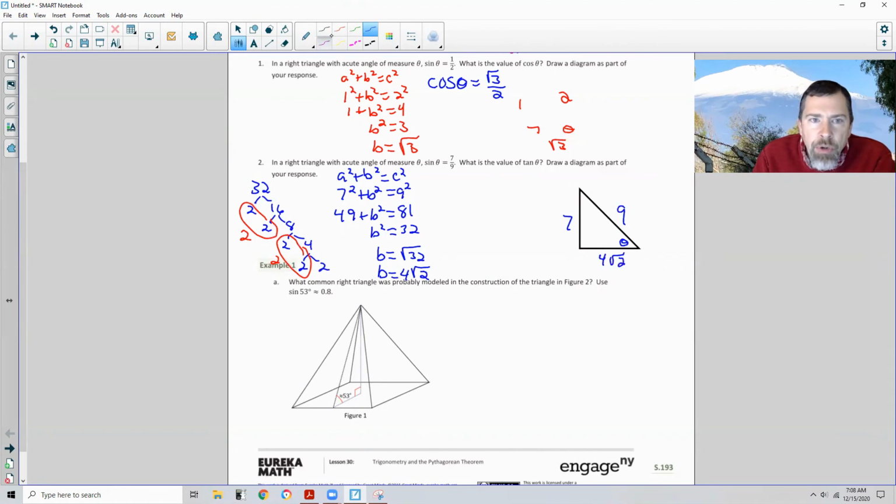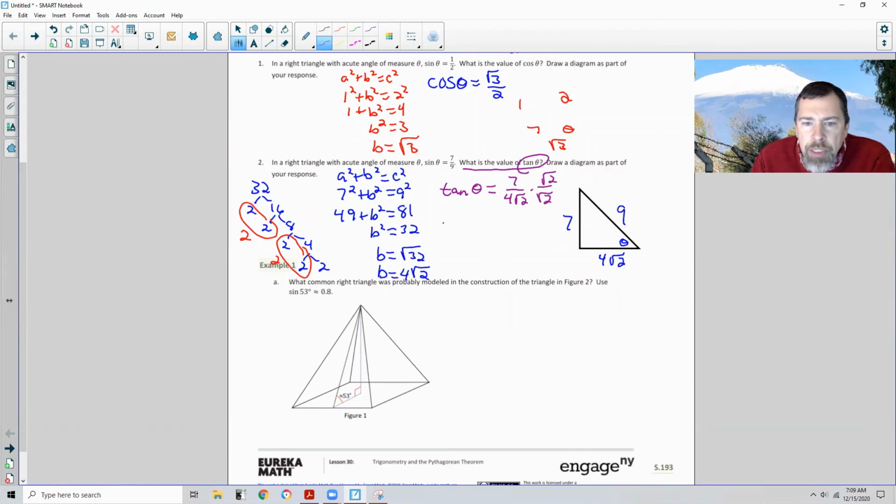Now let's answer the question. What is the value of tan theta? The tangent of theta equals opposite over adjacent. I don't like having irrational denominators, so I'm going to rationalize it by multiplying by the square root of 2 over the square root of 2.